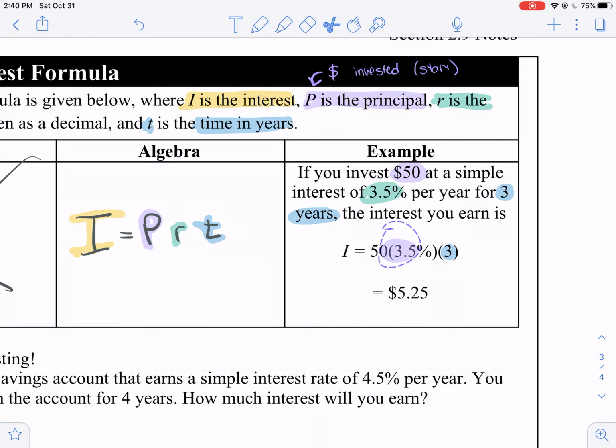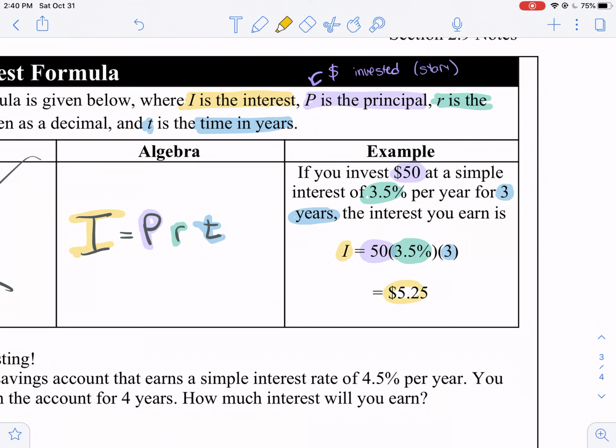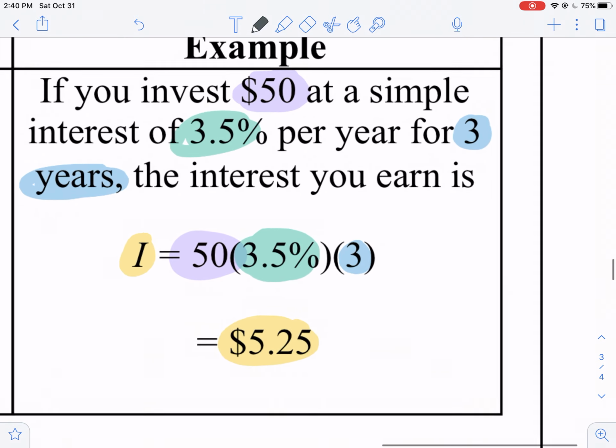I did the wrong color here, didn't I? Good deal. You multiply that all out and you get $5.25. So just by investing this money, you earned an extra $5. And that's why you should put your money in a bank instead of hiding it under the mattress.